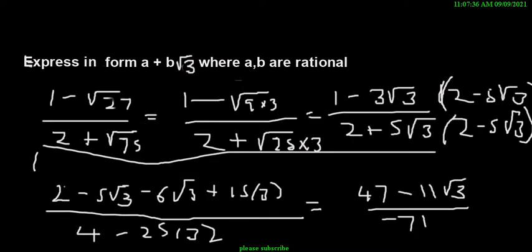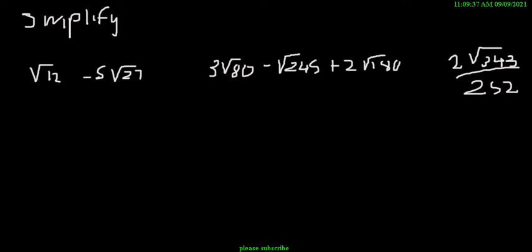Let's try our last examples. So this one just says simplify. In simplifying, we look at the roots and find a common factor, one thing that can go into both of them.